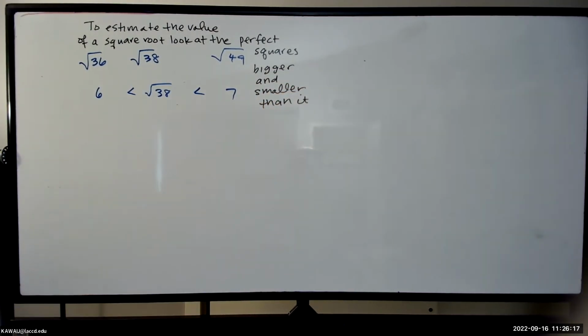Okay. So we got a little bit of information over here. So I know that if you ask me about square root of 38, I know it's in between 6 and 7. Okay, let me give everyone a chance to copy.